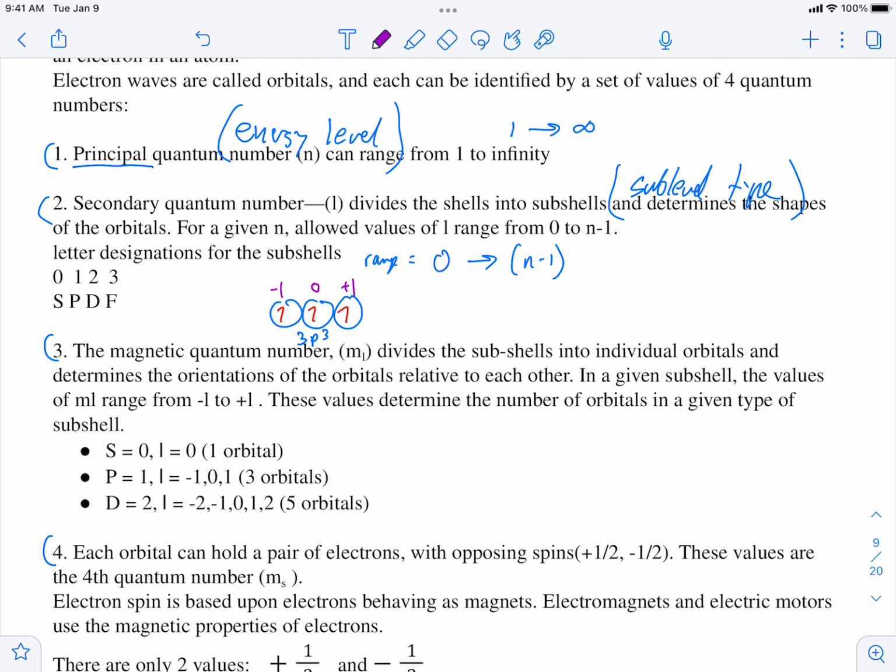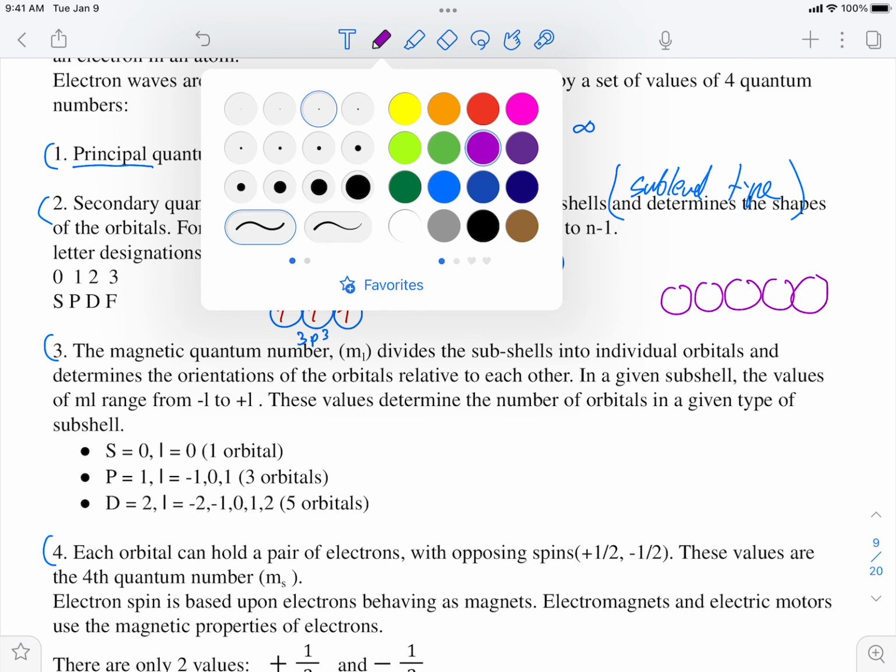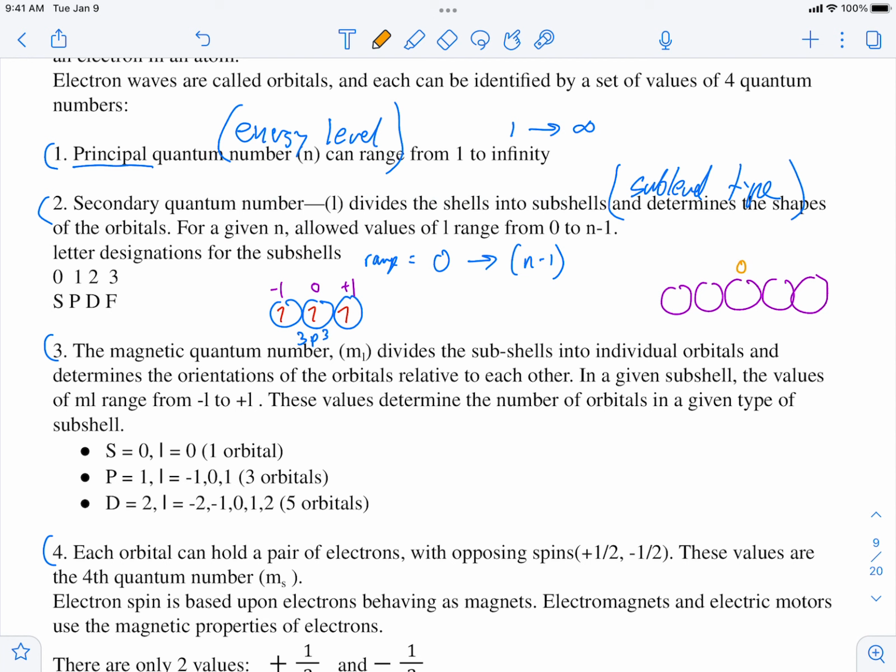If there was a d subshell with 5 orbitals, the same rules apply. The middle is designated as 0, the left are the negative numbers, and the right are positive. And of course, if there was an F, you would have 7 orbitals, and the range would be -3 through +3.